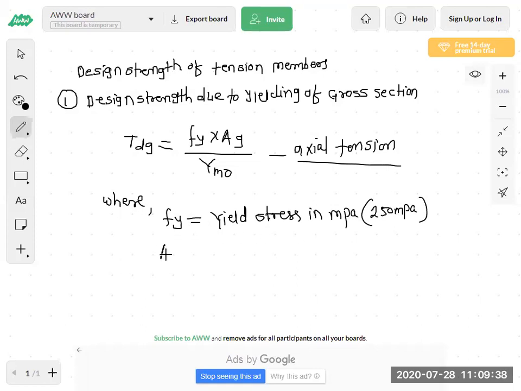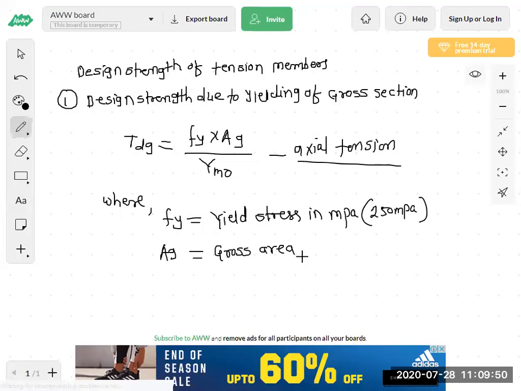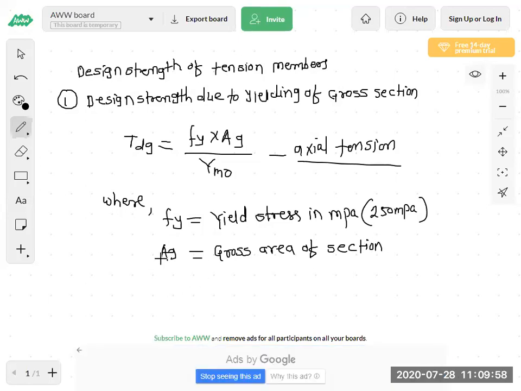Now, very important is Ag. Ag is the gross area of section, and where will you get this gross area? For that you have to go to the steel table.